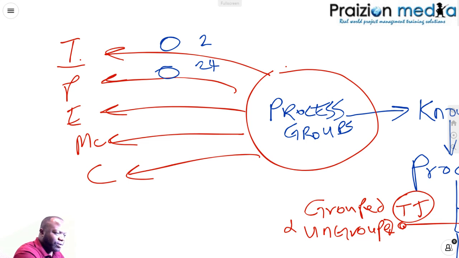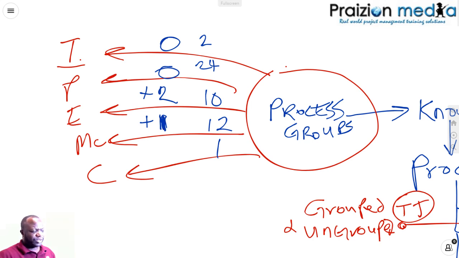So before, this was 8, but they're now 10. So it's 2, 24, 10, 12, 1. So this is a +2 as well, I think. Or this is a +1, I think. A +1, because it was 2, 24, 8, 11, 2. And this has been a -1.